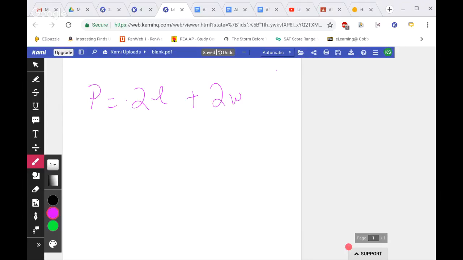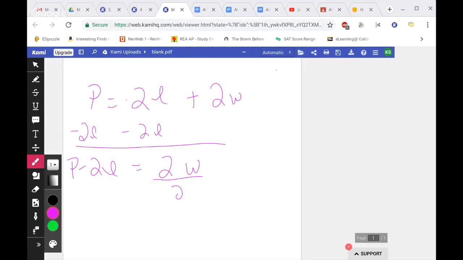You're supposed to solve the formula for the width, so that means to get W all by itself. I'm going to subtract 2L from this side, which means I have to subtract 2L from the other side. That gives me P minus 2L equals 2W. Now I'm going to divide both sides by 2.